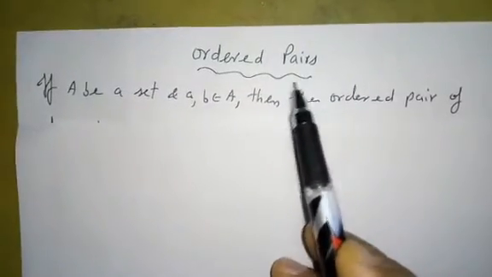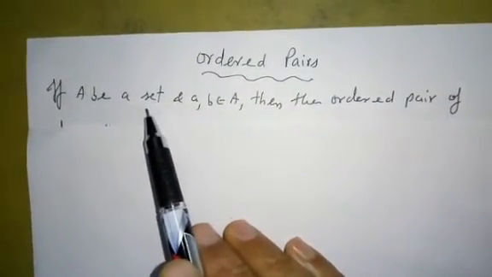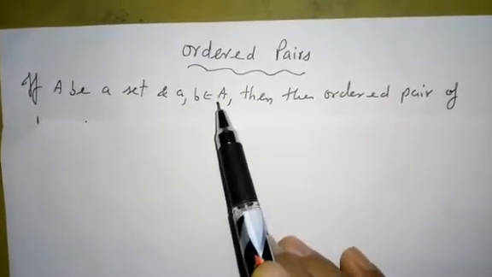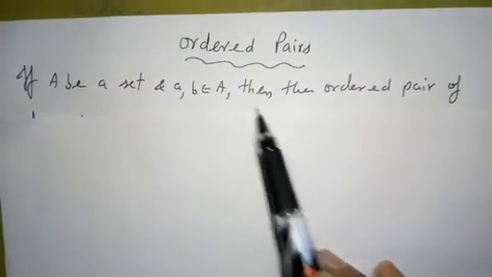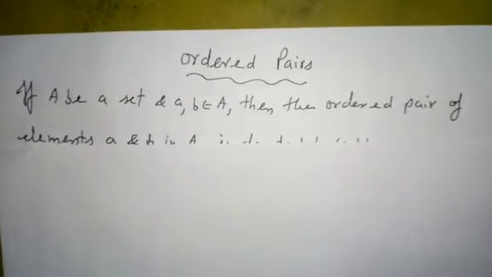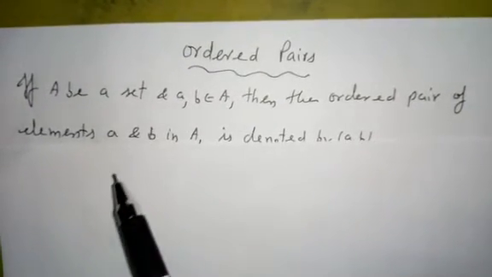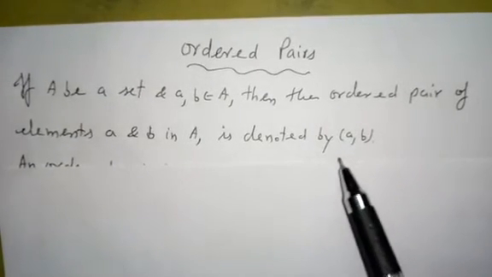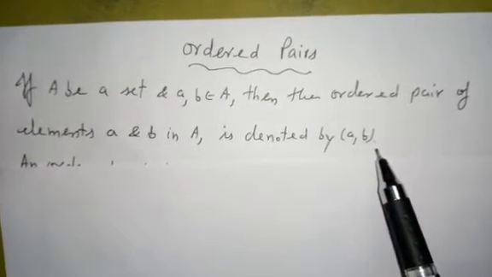Ordered pairs. If A is a set and small a and small b are elements of set A, then the ordered pair of elements a and b in A is denoted by (a, b).